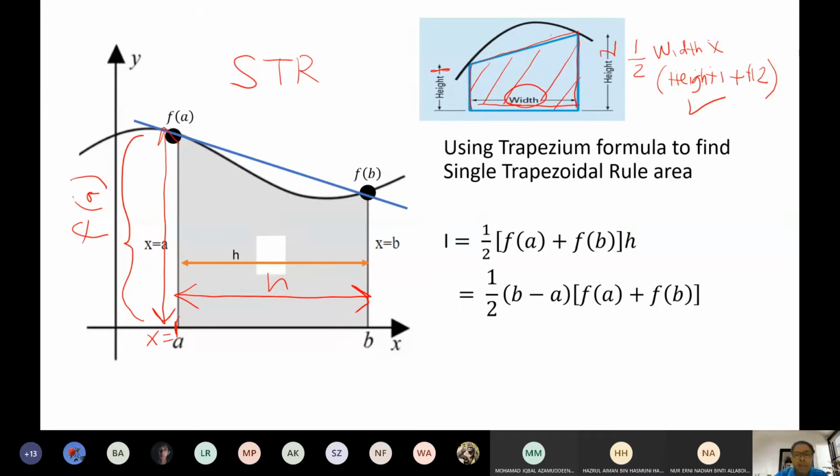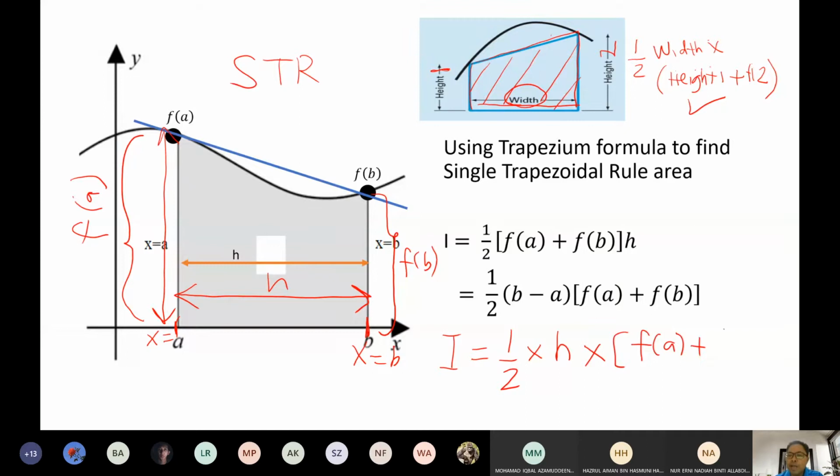And if the upper limit is equal to b here, the height of this will be f(b). So the area of this trapezium can be written by multiplying half with the width, which is h, times your heights f(a) plus f(b).